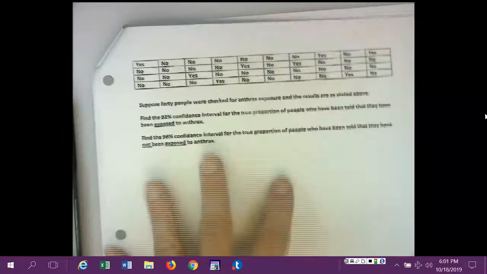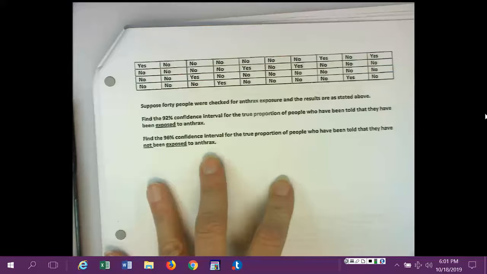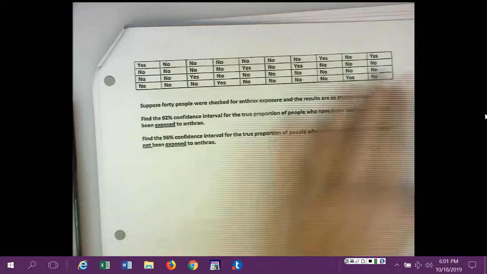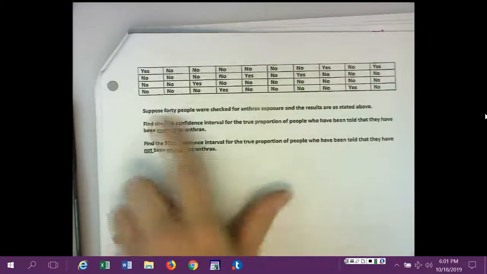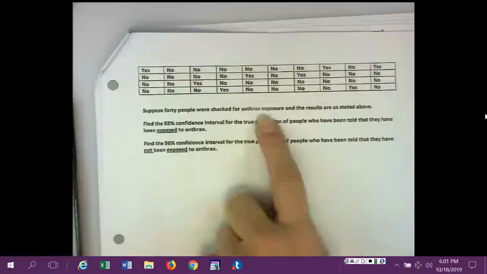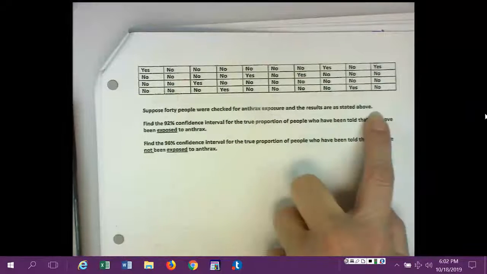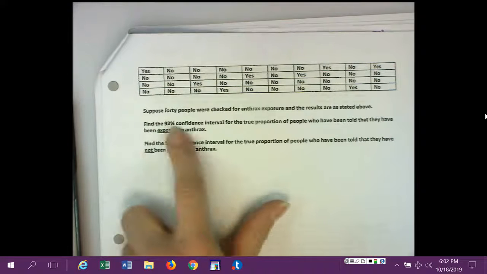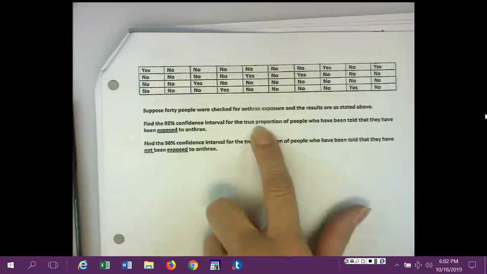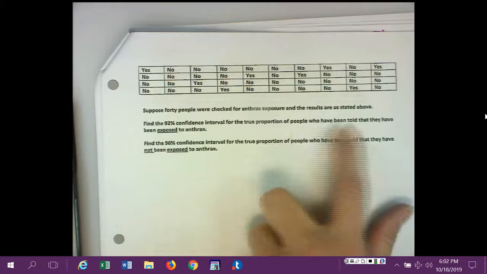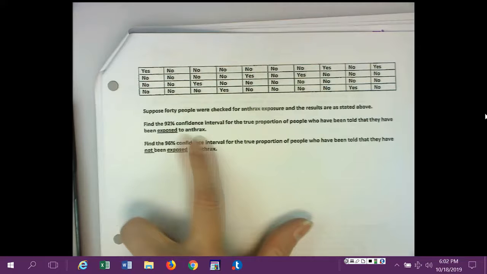Well, for example, this problem is more or less a raw data problem, where you have your sample and it says suppose 40 people were checked for anthrax exposure, and the results are as stated above. Find the 92% confidence interval for the true proportion of people who have been told that they have been exposed to anthrax.